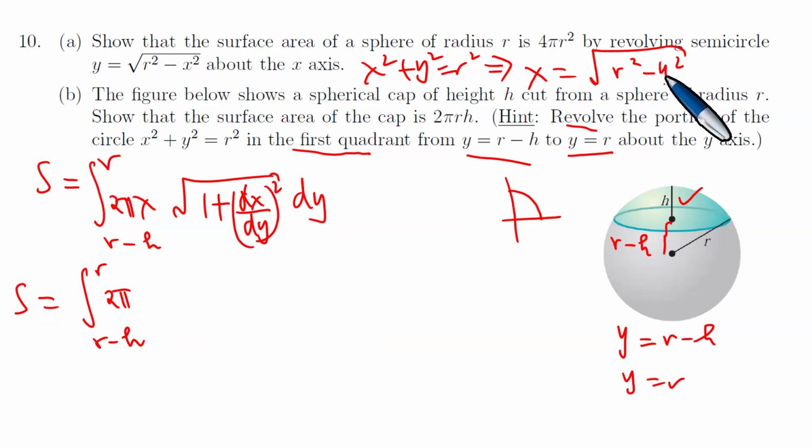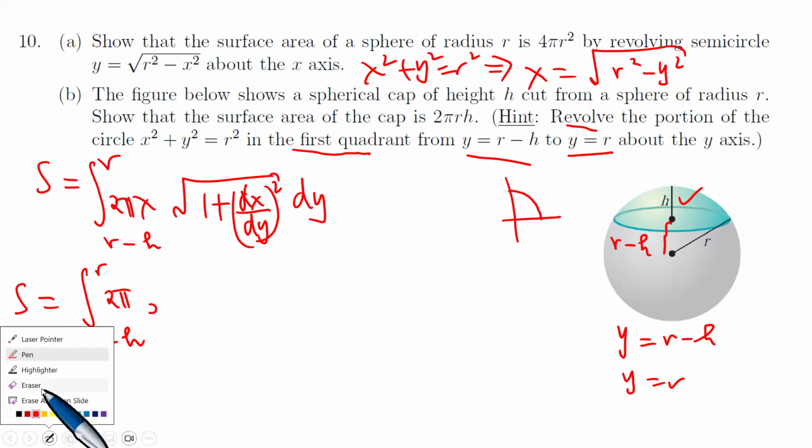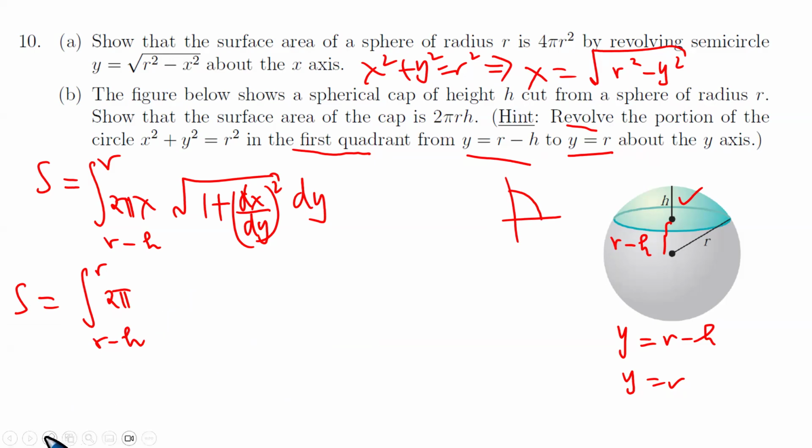So x is the square root of r squared minus y squared. So you have 2 pi times the square root of r squared minus y squared. That is the x.